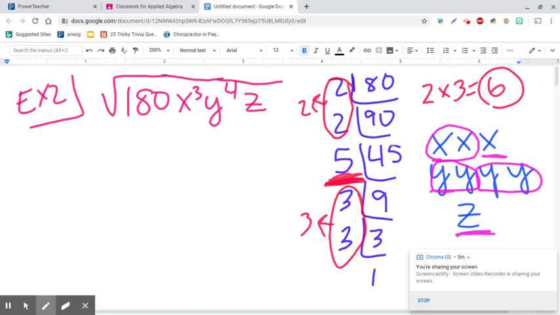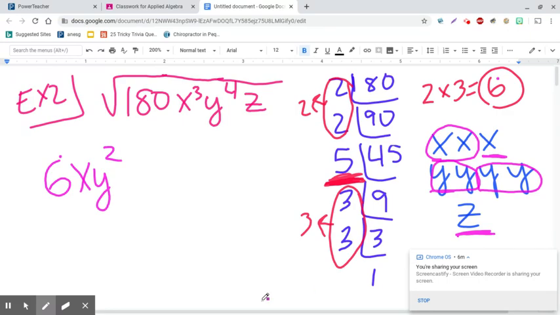Now we're just going to write out our answer. What did we take out? Remember, we took out this 2 and a 3, which became 6. So a 6 comes out. Now look at your variables. One group of x, so x to the first. How many groups of y's? 2, so y squared. And no groups of z's.